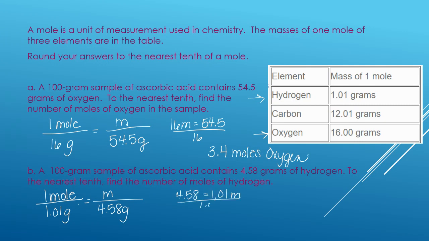I'm going to divide by 1.01, and I get 4.58 divided by 1.01, 4.5346. And I am rounding to the nearest tenth. That was 4.53, which tells me to keep the 5 the same. So I have 4.5 moles of hydrogen this time.